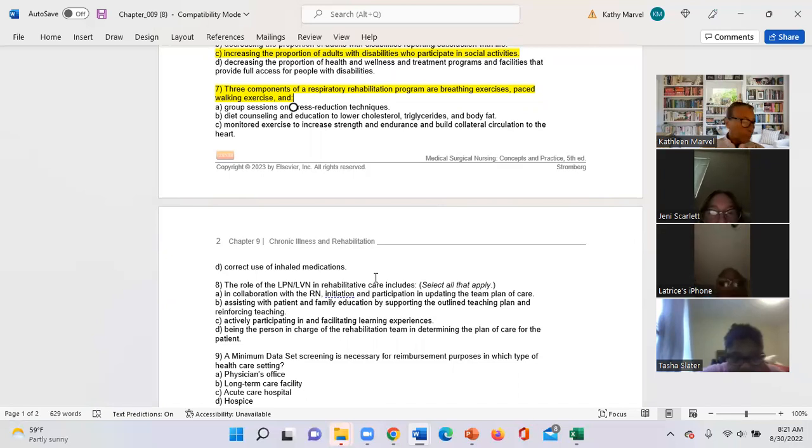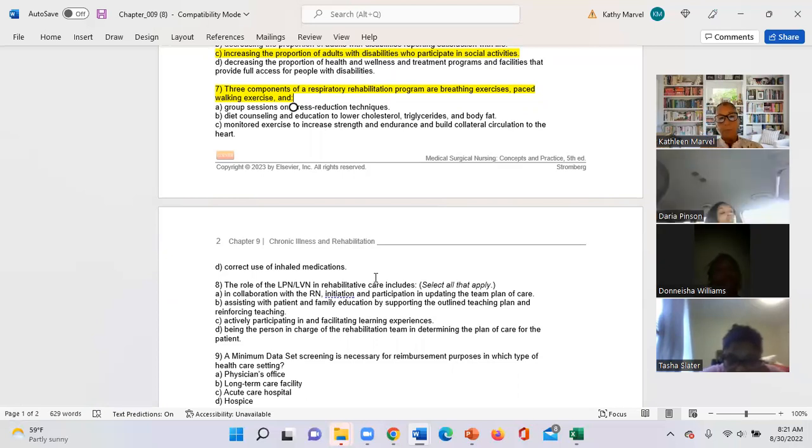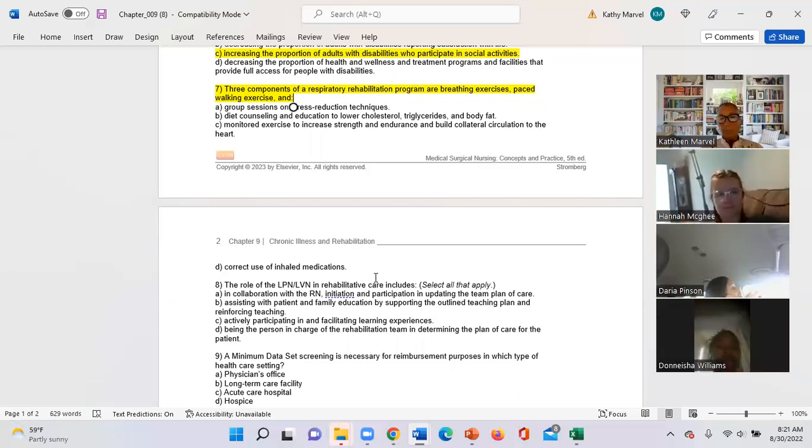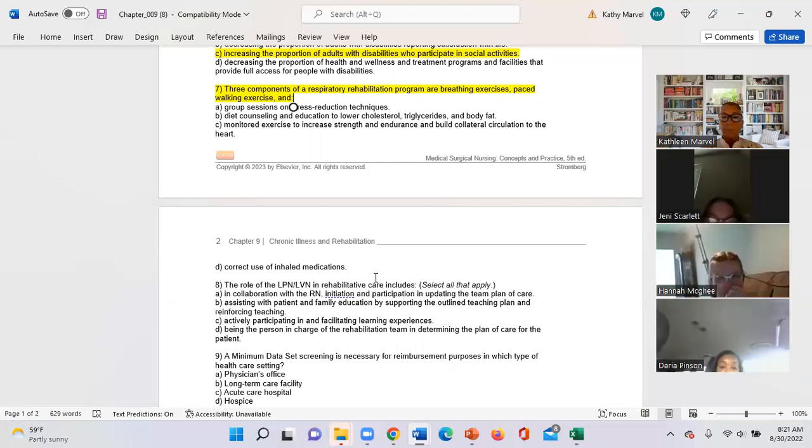Is it B or D? D, as in dog. It is D. Why is it D? Why do we think it's D? I honestly have no idea.